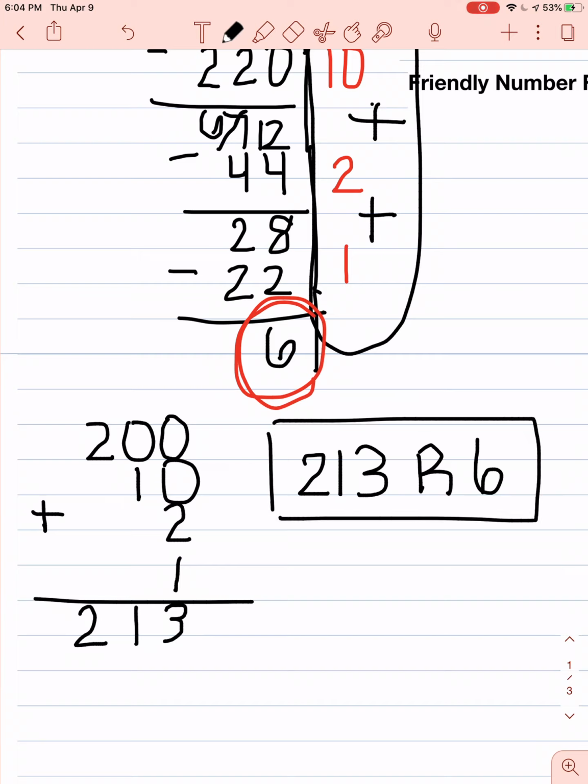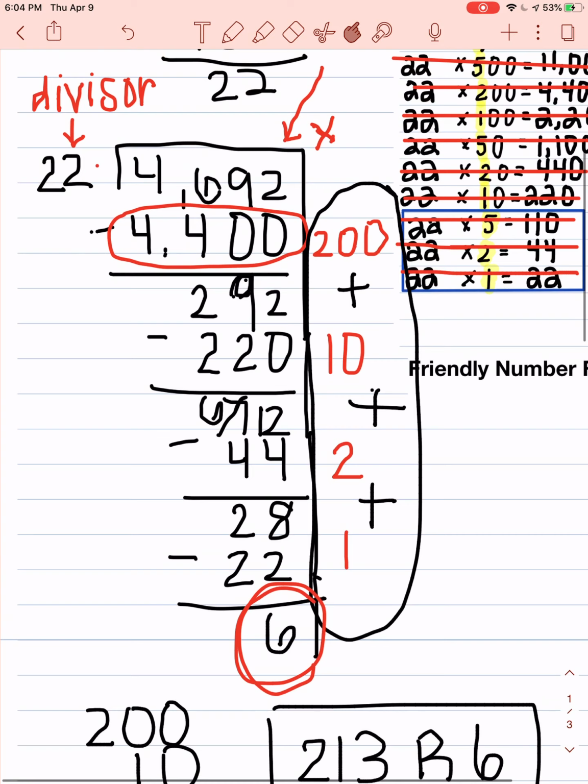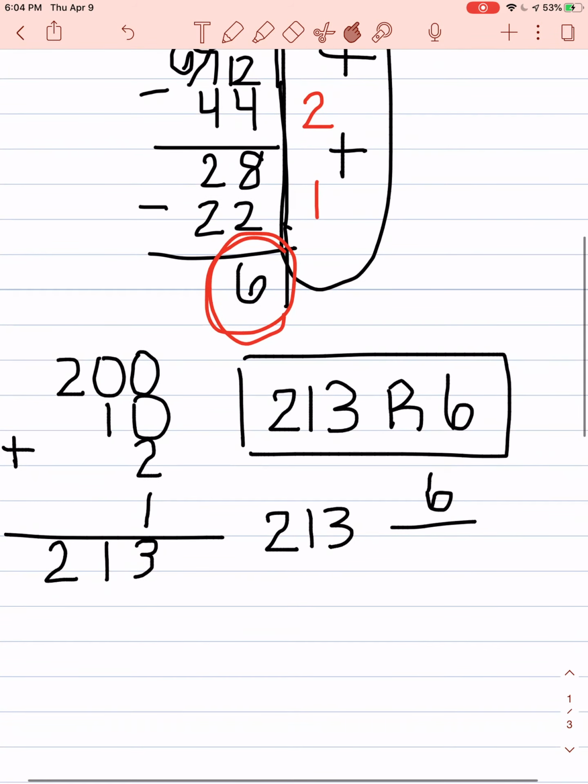Okay, so we're going to write it as a fraction. Oh my goodness. Let me try this again. 213. And then your numerator is going to be your remainder, which is 6. And then you're going to go back up and look at your divisor, which is 22.